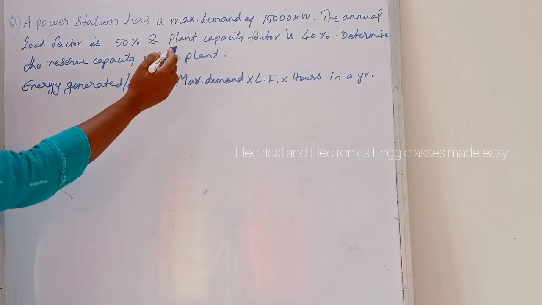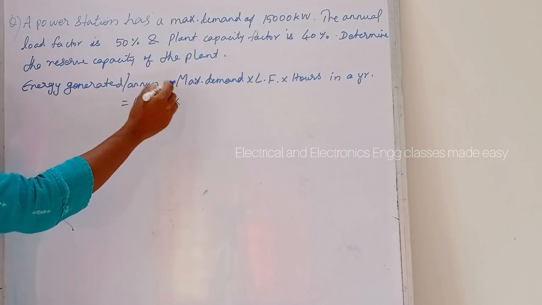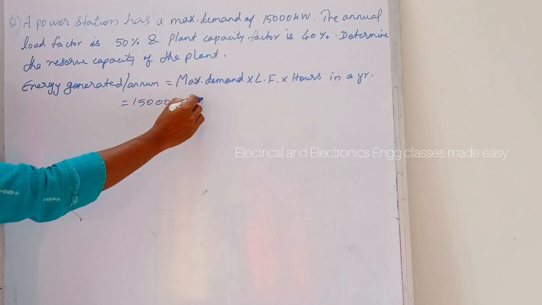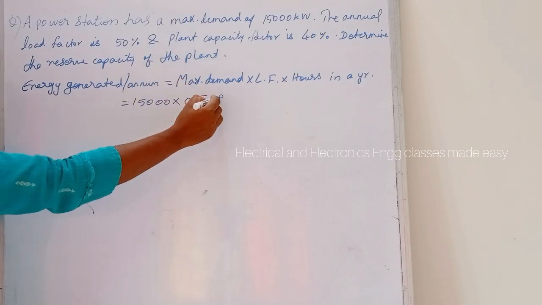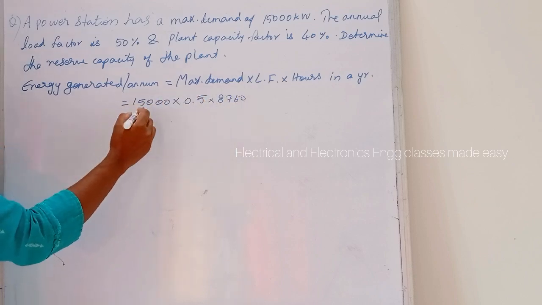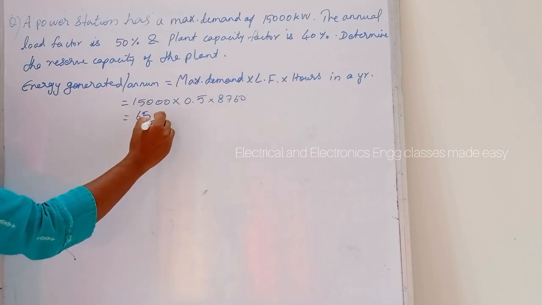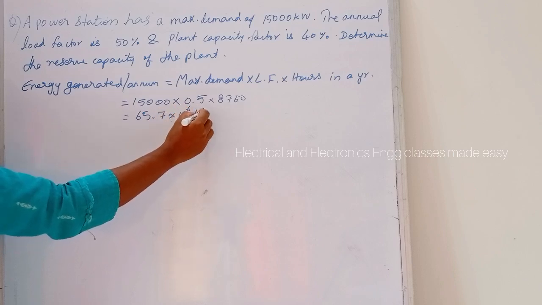That is, maximum demand is 15,000, into load factor 0.5, into hours in a year 8,760. So we get 65.7 into 10 raised to 6 kilowatt hour.